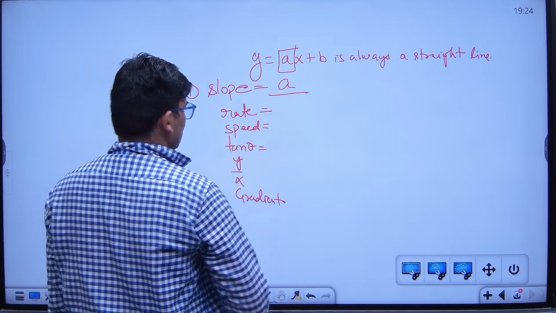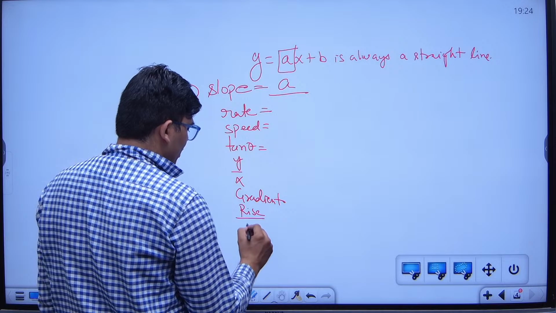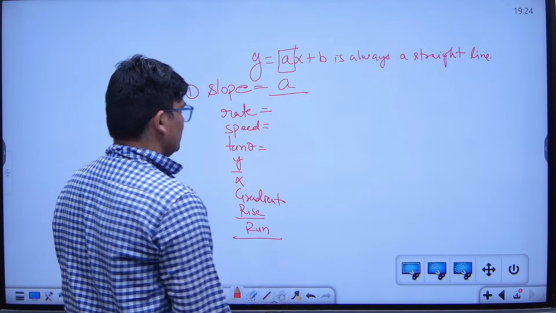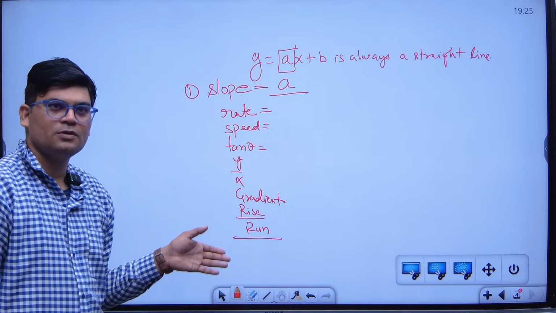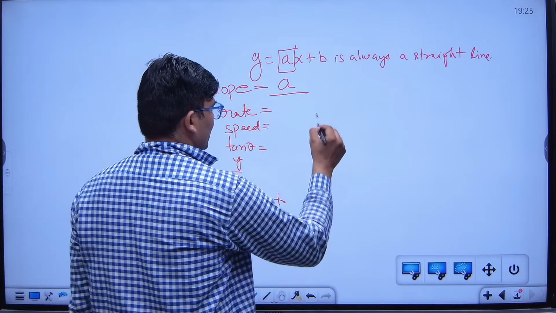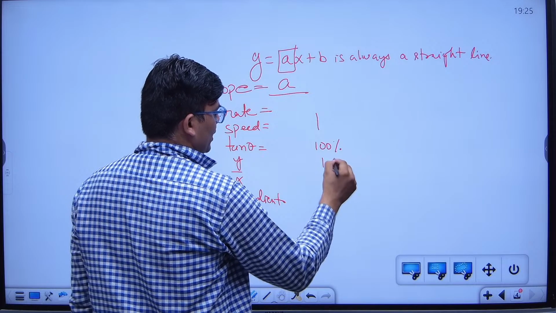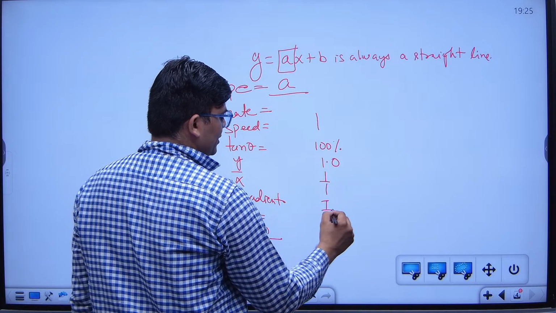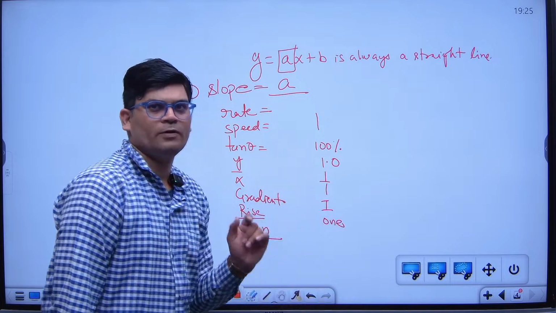This is also known as rise upon run. You may see the same value in different forms. For example, there are many ways to write the number one.